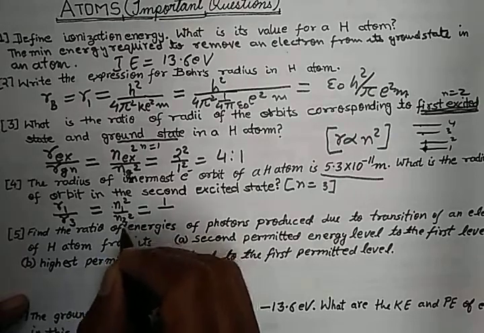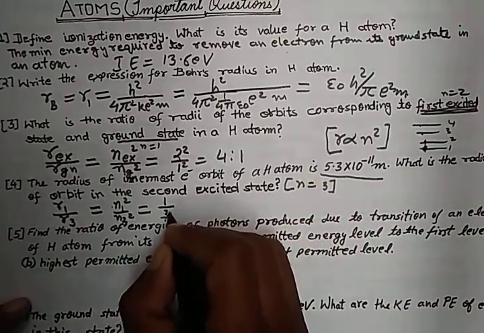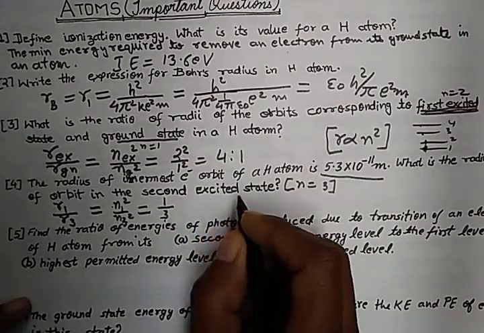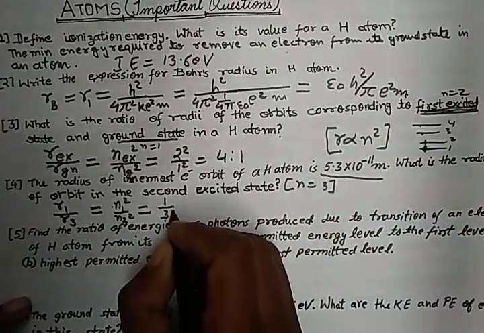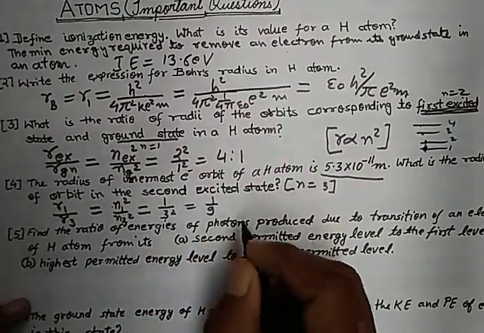There was some mix up there. n3, that is the third state. Because they have asked for the second excited state, that is why it is the third state. So it is 1/9, but it is not over yet.